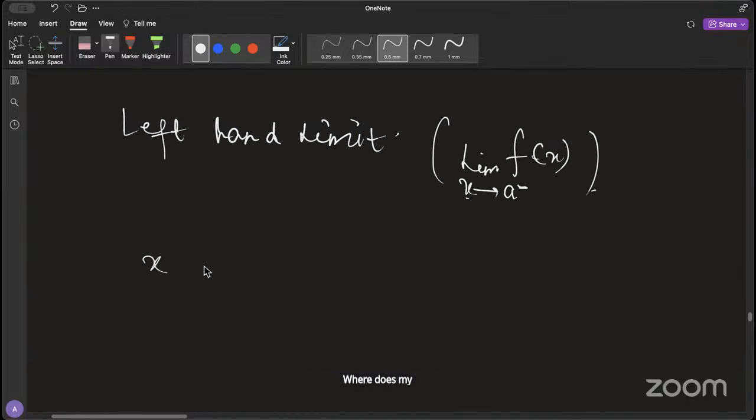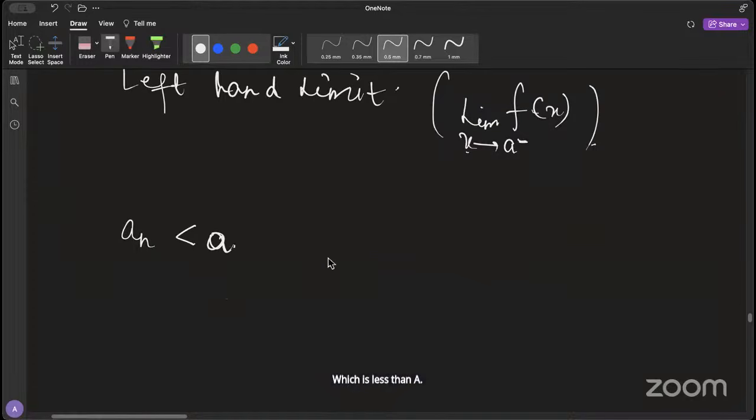Let's say I take a sequence x. Instead of this, I take a sequence an, which is less than a, and an converges to a. So I'm taking any sequence an, and it's converging. Any means any. I can choose any sequence.